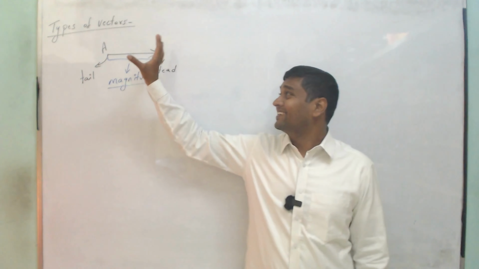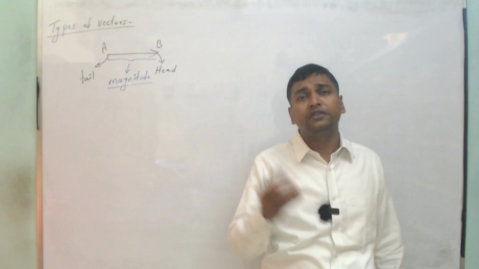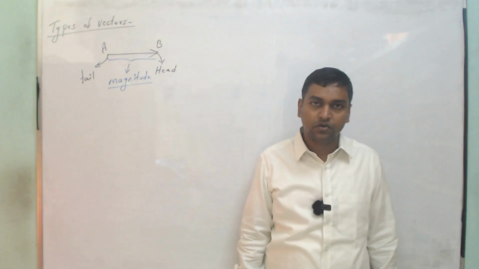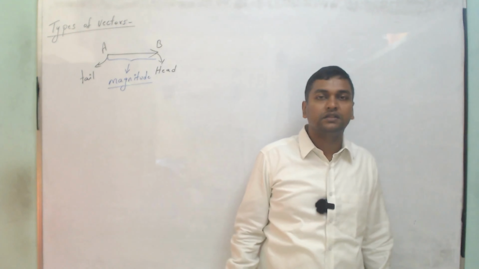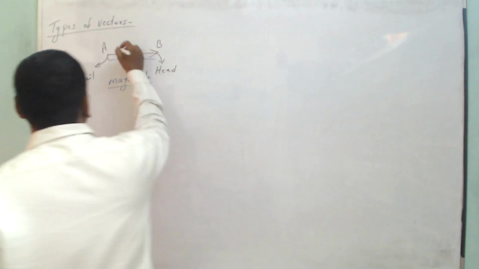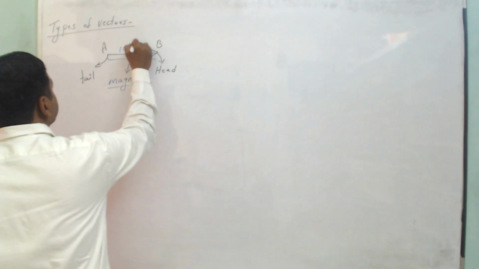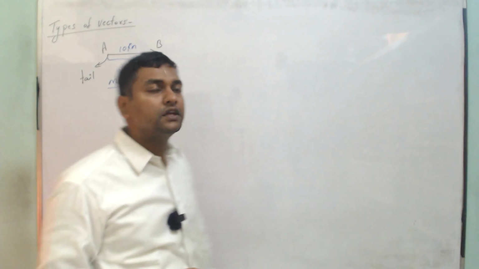So the length that we usually show corresponds to the magnitude of that physical quantity. That means we are showing this length as 10 kilometers, अगर मान के चलो। Okay, now another person has walked in the same direction for 20 kilometers.